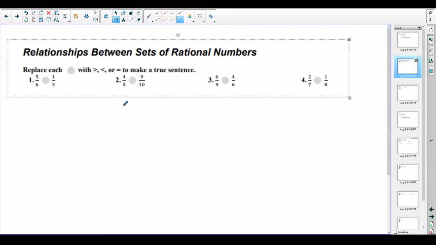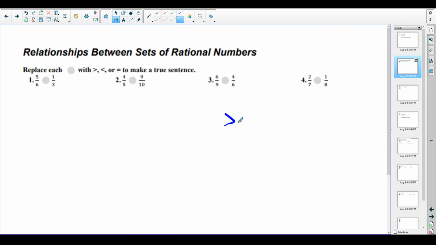So we need to remember from 6th grade that if it opens to the left side, this means greater than, and if it opens to the right side, that is less than.